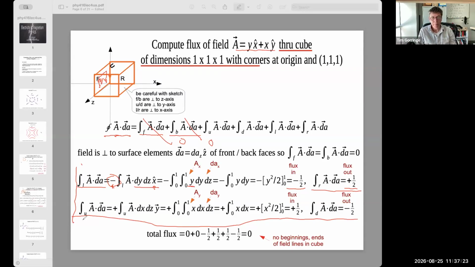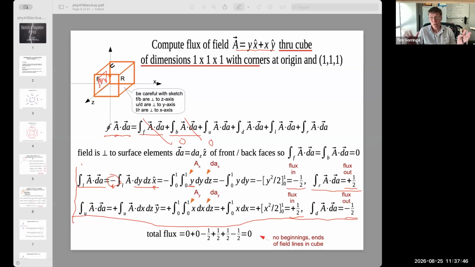And so we had dAs that are in the negative and positive x directions. The end result is fluxes through the upstairs face and the downstairs face that are 1/2 and minus 1/2, just like we got minus 1/2 and 1/2 for the left-right faces.